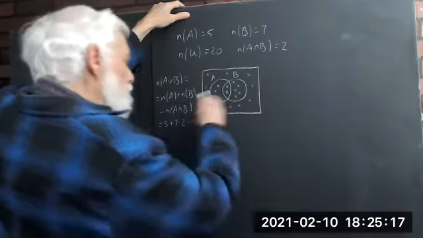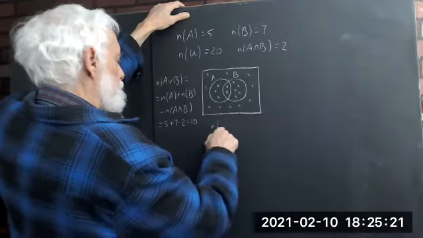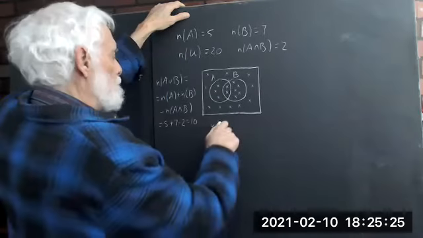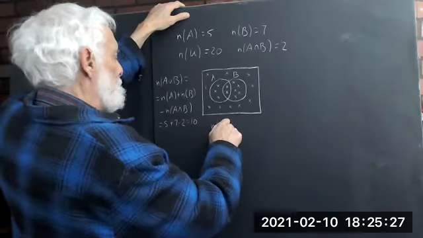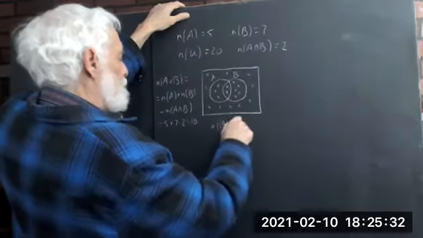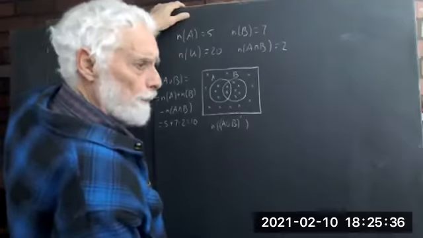Okay, so that's going to be the number in what? This set out here. Well, that set is everything outside of A union B. That's A union B prime.